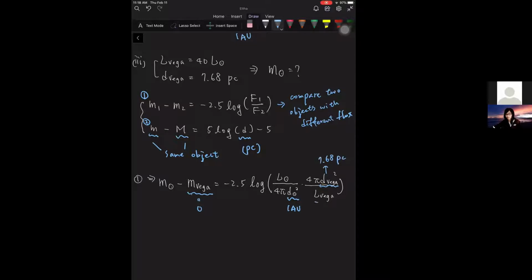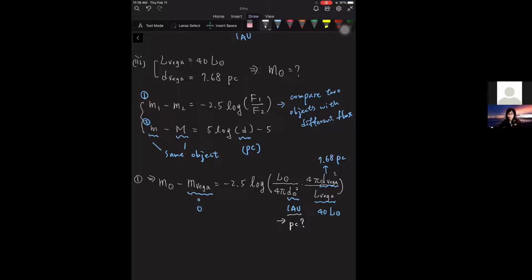The luminosity is given as 40 times the solar luminosity. Remember, the Vega distance is in parsec and the sun-earth distance is 1 AU, so we should convert 1 AU into parsec to match the distance unit for Vega.